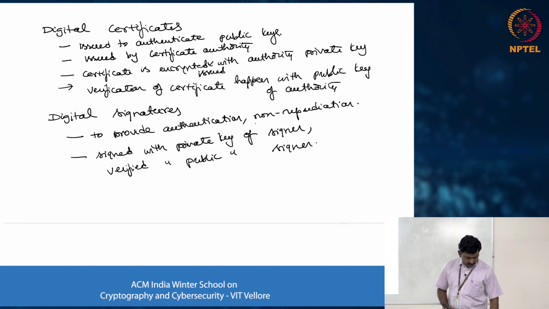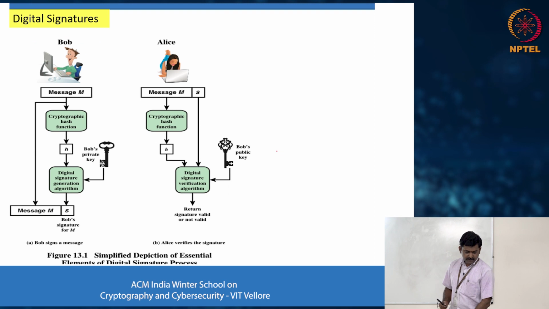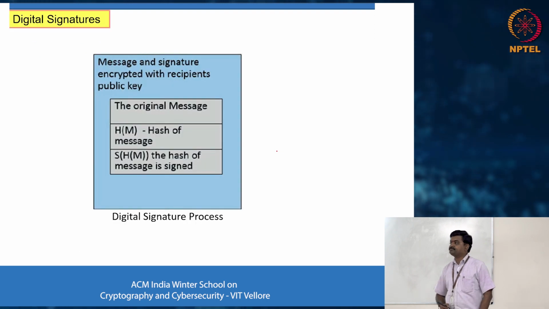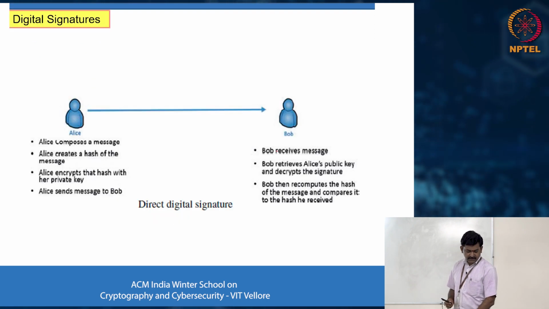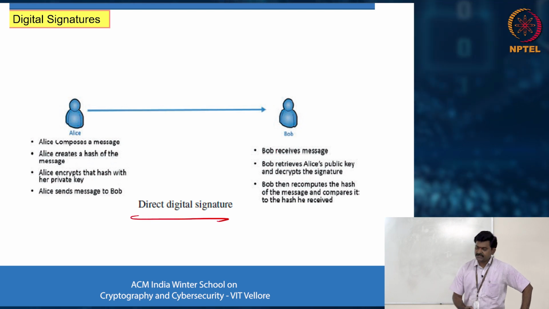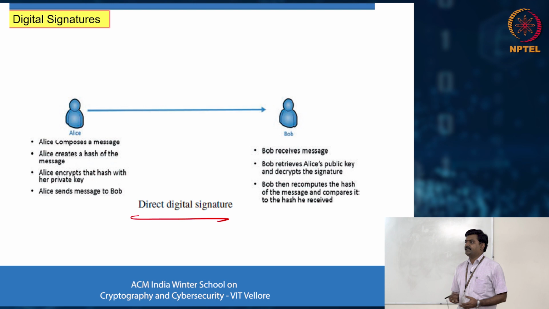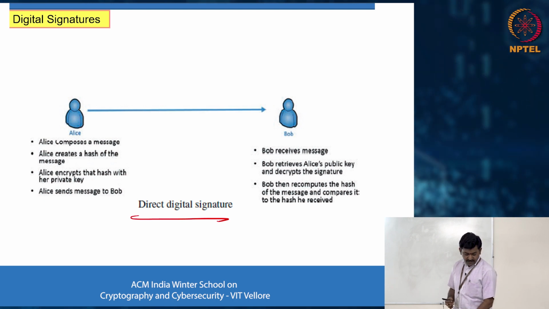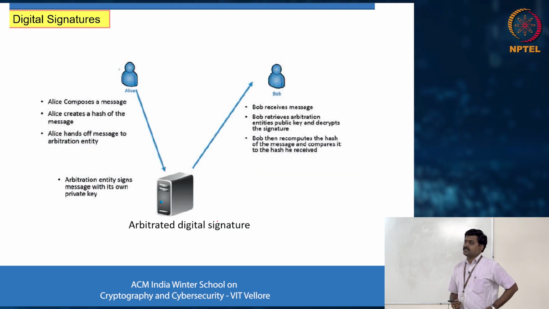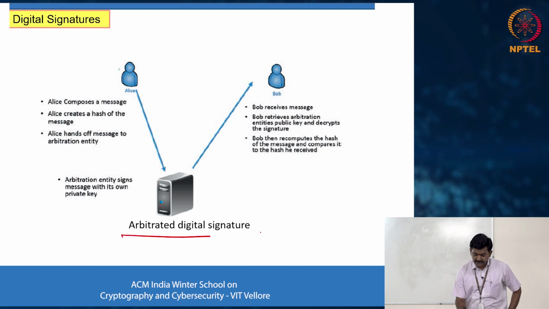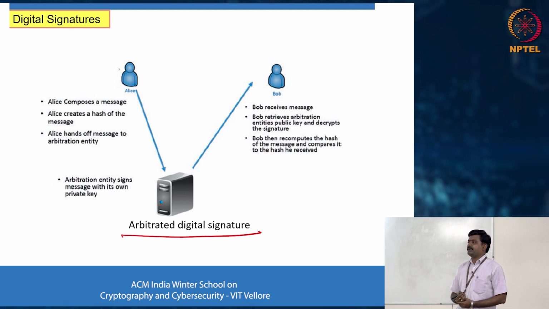There are varieties of digital signatures, which is called direct digital signature, which is what we have discussed. Then there is another digital signature called arbitrated digital signature. What is the arbitrated digital signature?